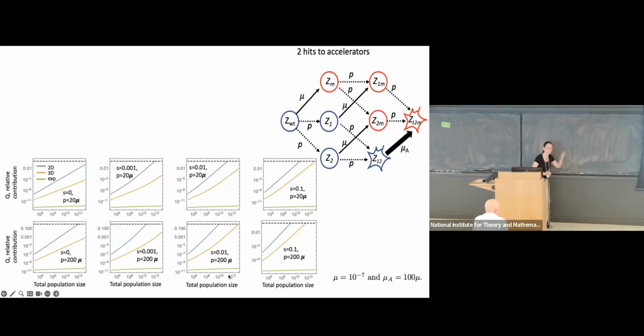So for cancer, what's a realistic population? Detection level is about 10 to the 10. After that, the tumor grows to 10 to the 12, 13. So these are realistic population sizes. So yes, in space, you see the contribution of these because of the different scaling laws that happen in space.